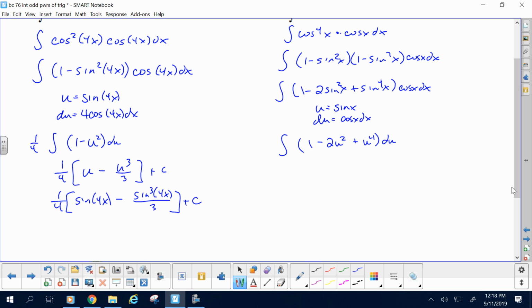The antiderivative of which is u minus 2/3 u cubed plus 1/5 u to the 5th plus c, and then sub back sine of x minus 2/3 sine cubed of x plus 1/5 sine to the 5th of x plus c, and that's all she wrote. Cool?